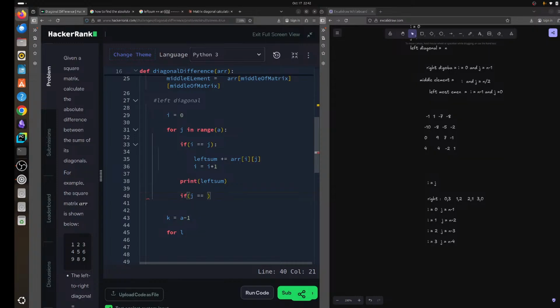We are picking the previous index, right? So a minus 1. Okay. Then we are considering right sum, right sum plus equals to.